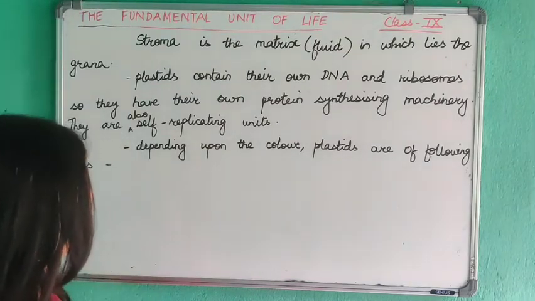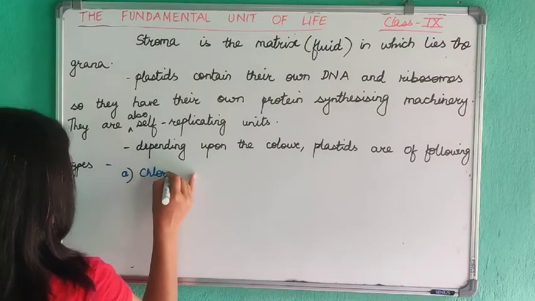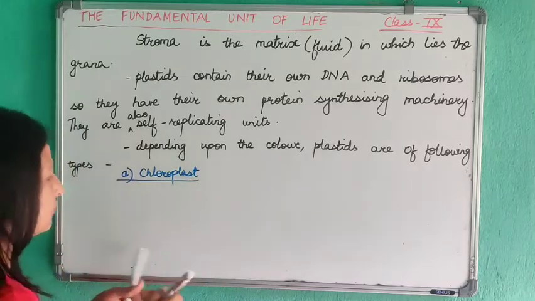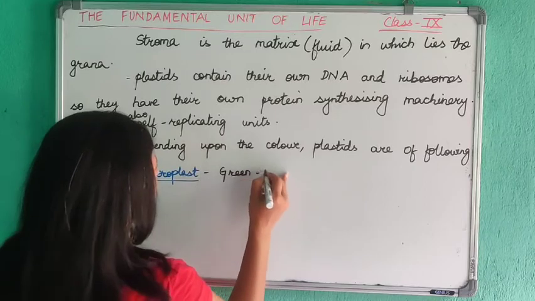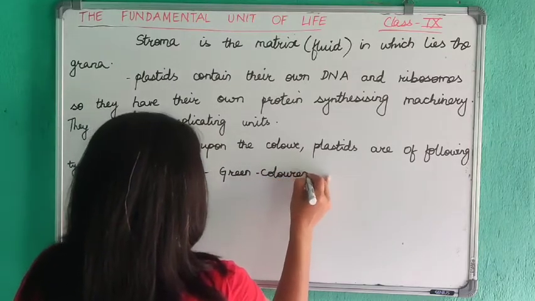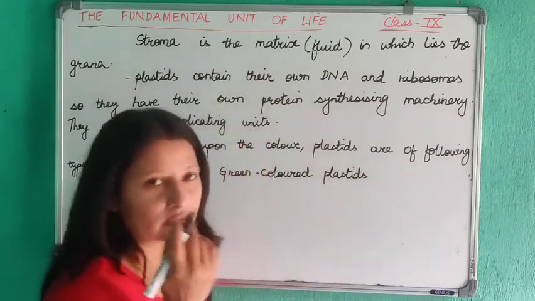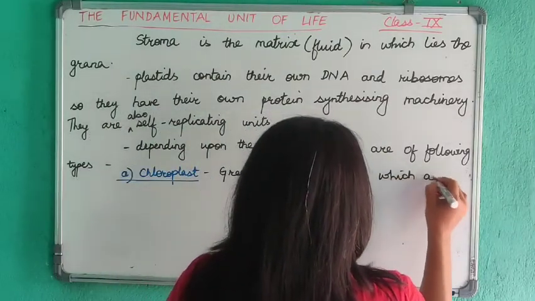First type of plastid is known as chloroplast. Okay, chloroplasts are green colored plastids. So green color bhaneko ke huncha त्यो भित्र chlorophyll, which contain chlorophyll.